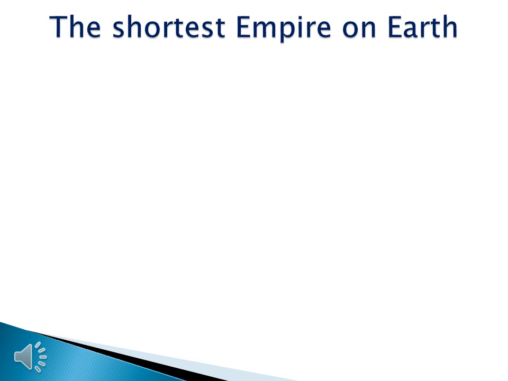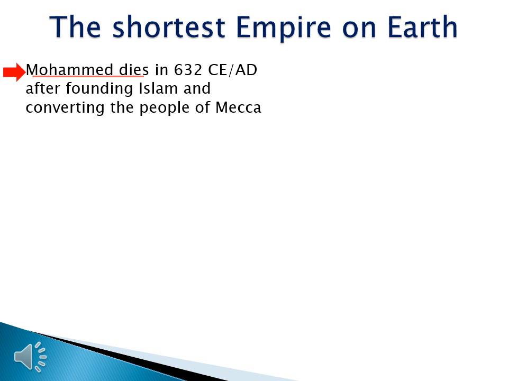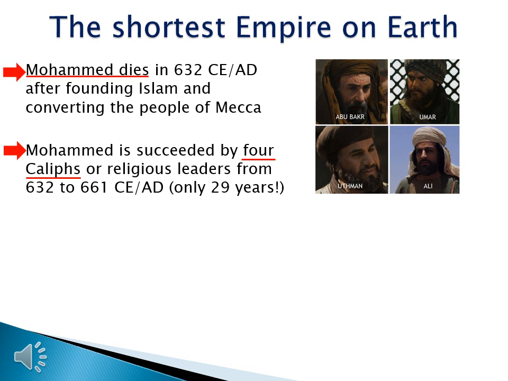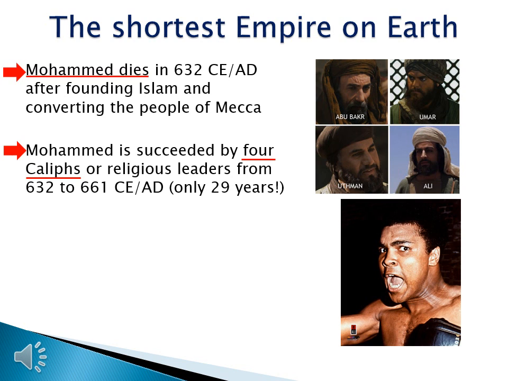Because there was no unity between Muslims, the Islamic Empire is the shortest empire on earth. What do I mean? Well, Muhammad dies in 632 CE after founding Islam and converting the people of Mecca. Then what happens? Who's going to lead Islam? Well, Muhammad is succeeded by four caliphs, or religious leaders, from 632 to 661 CE. This is only going to be a period of 29 years until we have the death of Ali.